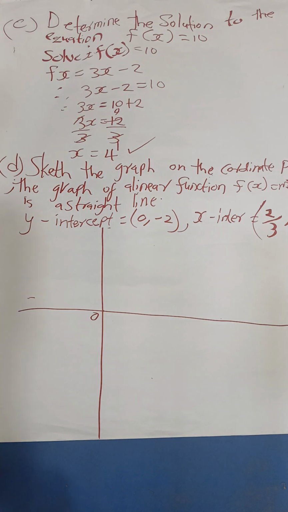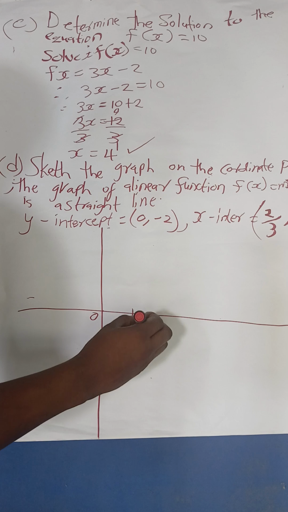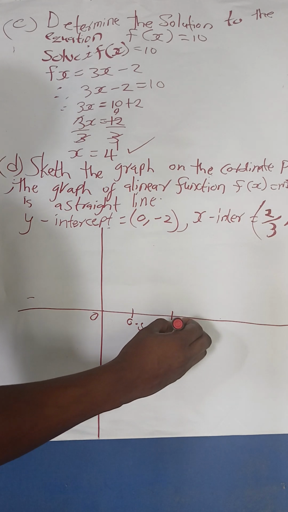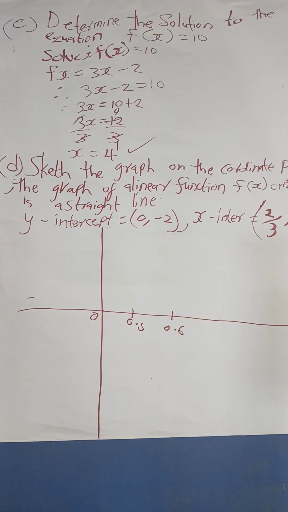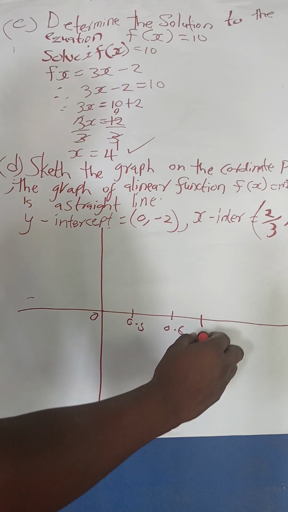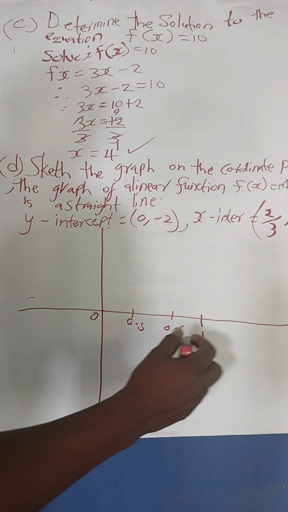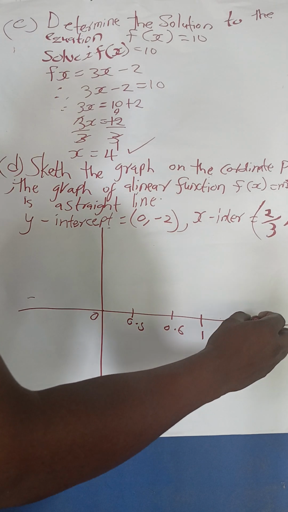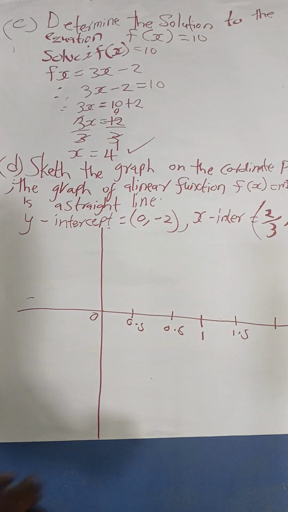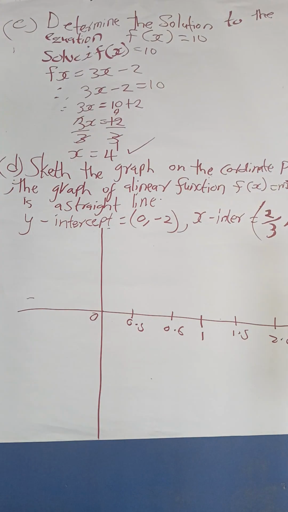Going to the right, I'll put a difference of 0.5. So here let's say it is 0.5, here 0.6, then 1, then 1.5, then 2.